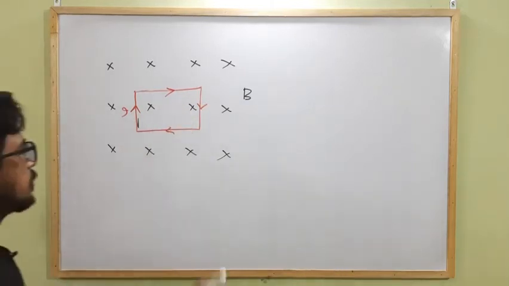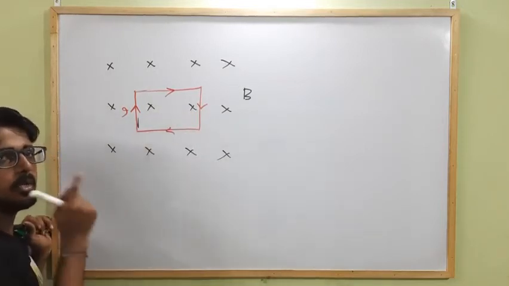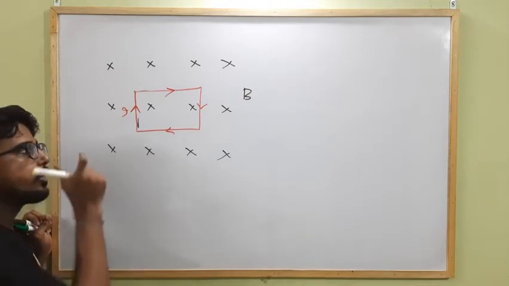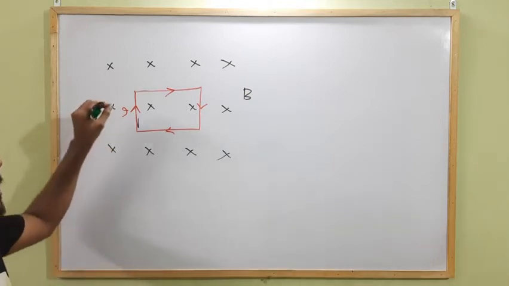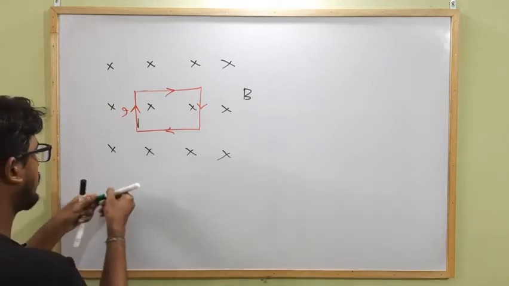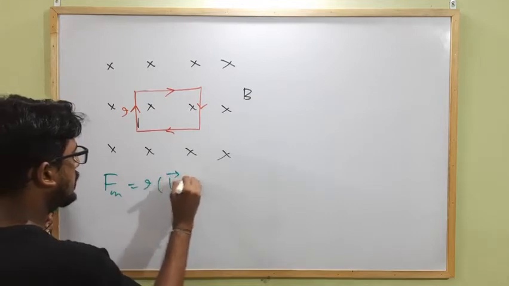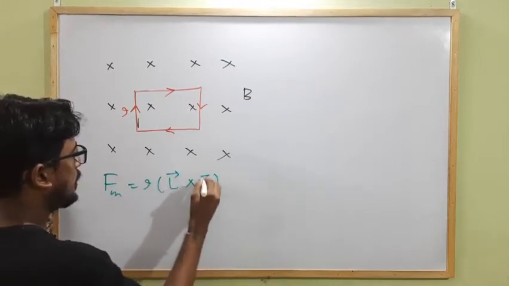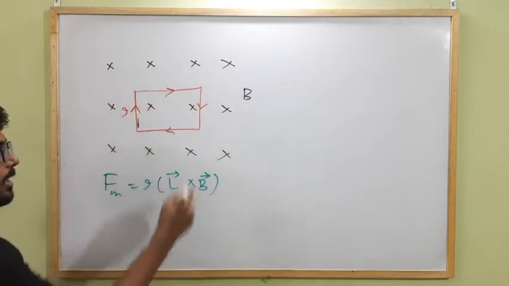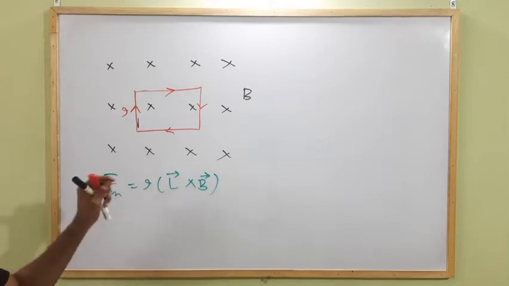As we already discussed, when a current carrying segment is present in a uniform external magnetic field, the net force acting on it will depend on the displacement vector between initial and final position, so we can write Fm equals I L cross B. Here B is constant at each and every point, I is also constant, and L is the displacement vector between initial and final position.